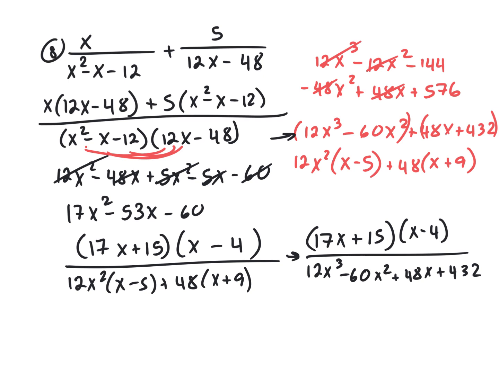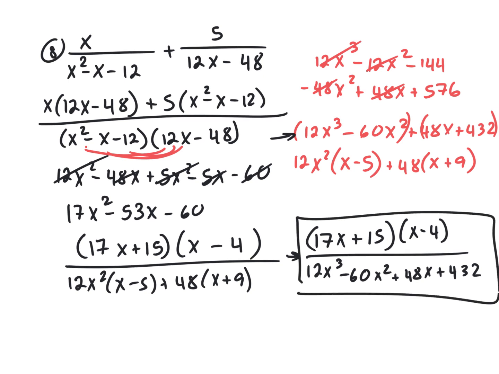The reason I'm rewriting it like this is just so it's easier to see, but you can write it like this too, and it would be fine. That would be our final answer, as there's nothing we can do to simplify this.